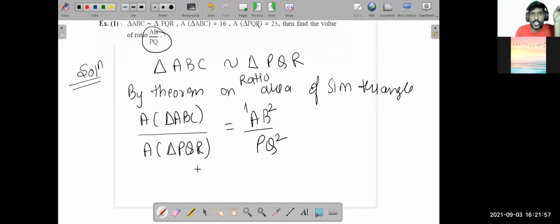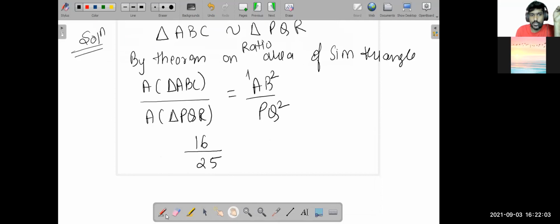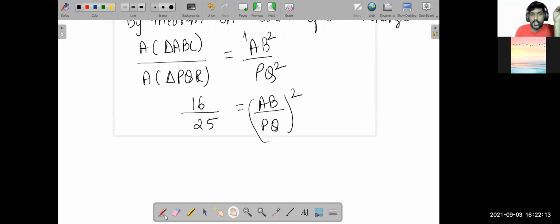Now, area of triangle ABC is given 16. Area of triangle PQR is given 25. Substitute the values. This equals AB square upon PQ square. I'll write it as (AB upon PQ) whole square. Now, to remove the square, you have to take square root on both the sides.